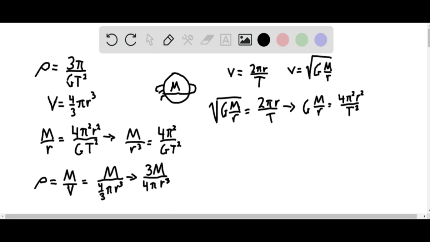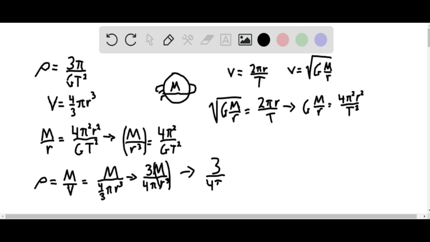Now, notice that we have an M over r cubed in our equated expressions for orbital velocity up here, and we also have an M over r cubed in our expression for density down here. Since the expression above showed us that M over r cubed was equal to 4 pi squared over G times T squared, let's substitute that in for M over r cubed in our density expression.